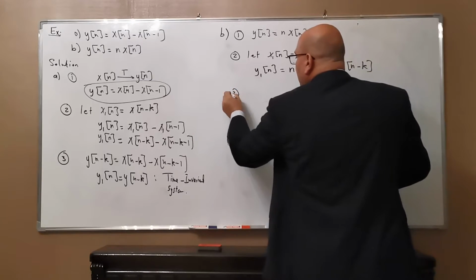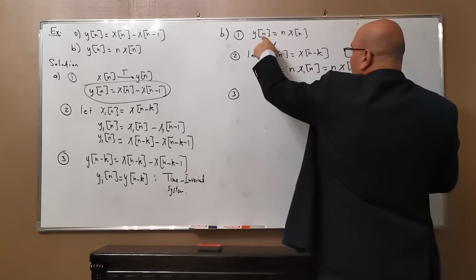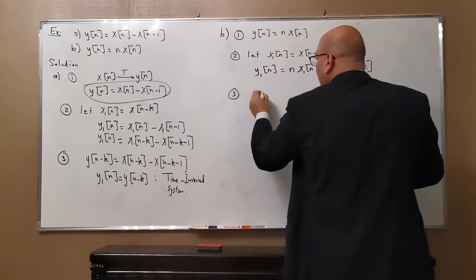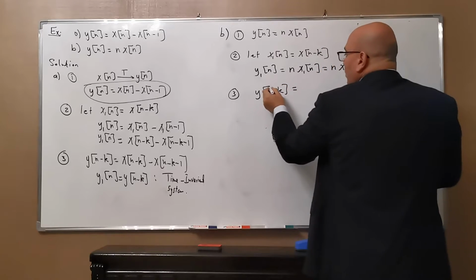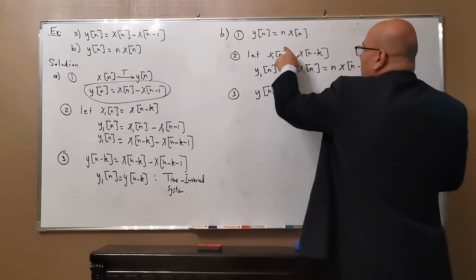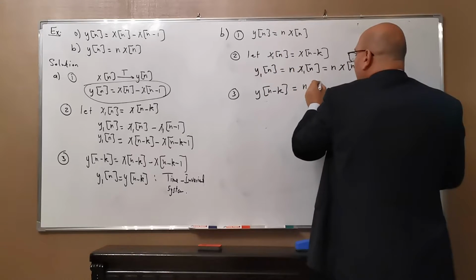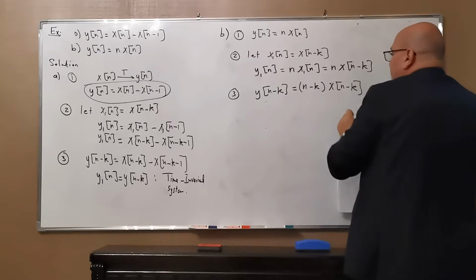Step number 3, shift the y of n in the first step. So you have y of n minus k equals to, we have to replace every n here by n minus k. So this one will be n minus k times x of n minus k.